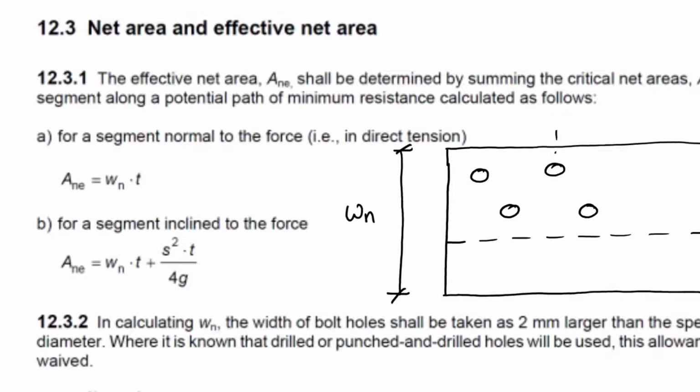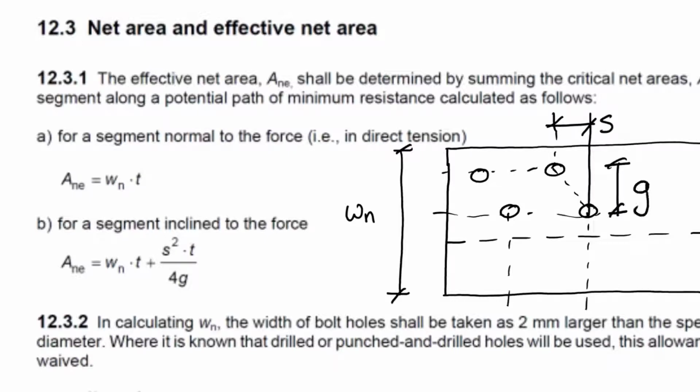And for instance, we will have 4 bolts, and there will be various failure patterns that are possible with these bolts. And the important dimensions to note, for instance, are s and g, the pitch and spacing between the bolts.